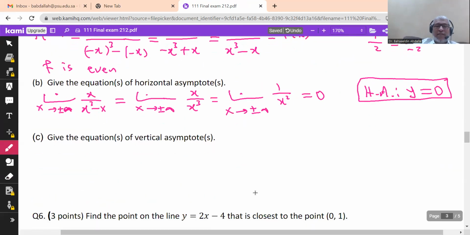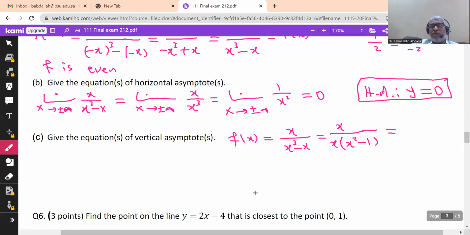Equations of the vertical asymptote. In fact, f of x is x over x cubed minus x. And if you take x as a common factor from the denominator, you will have x squared minus 1. So you can cancel x with x, and you will have 1 over x squared minus 1.